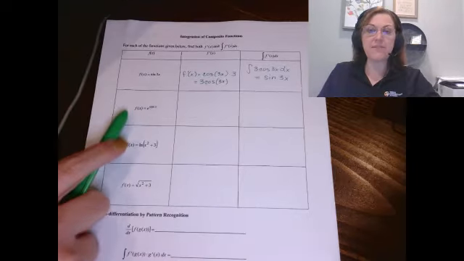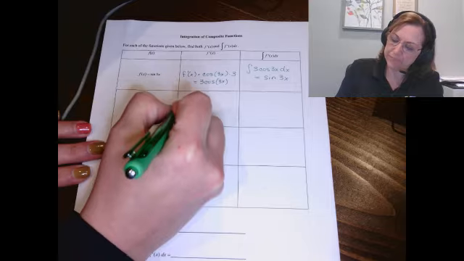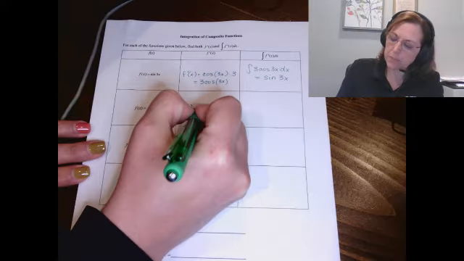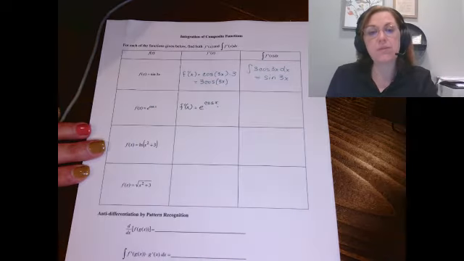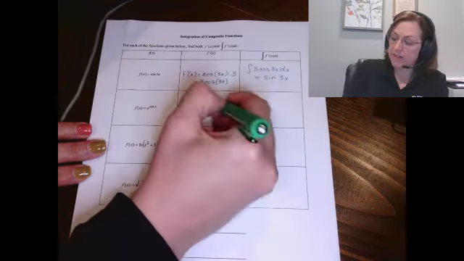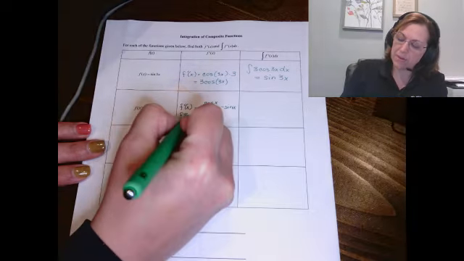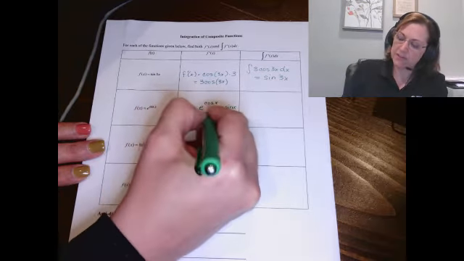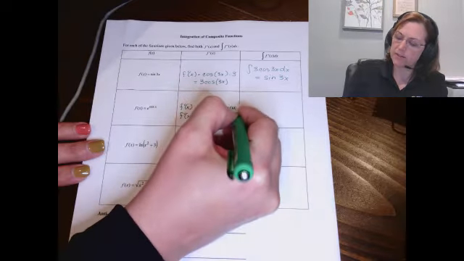f of x equals e to the cosine of x. Okay, so again, chain rule. The derivative of e to the cosine is e to the cosine times the derivative of cosine. The derivative of cosine is negative sine. So f prime of x here would be negative sine of x e to the cosine of x.